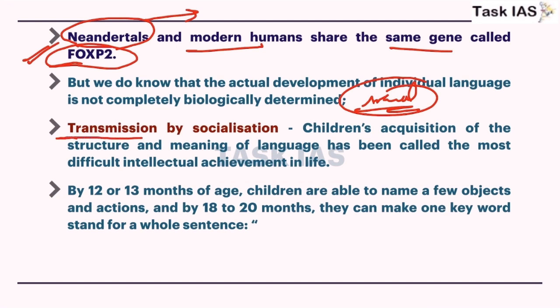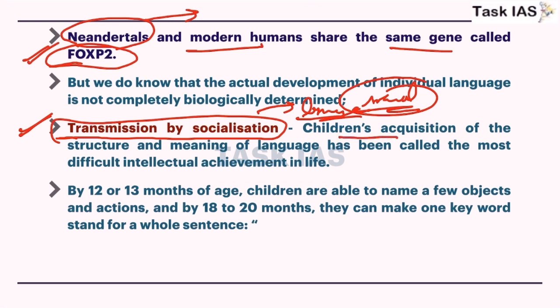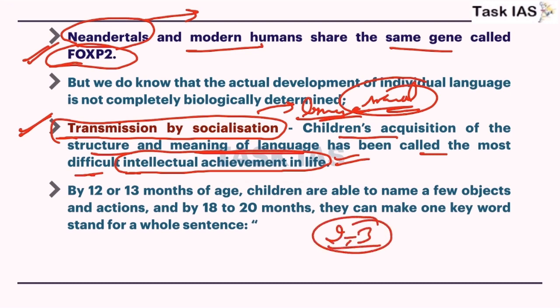Now transmission by socialization, and this socialization has important role in transmission of language. Children's acquisition of structure and meaning of language has been called the most difficult intellectual achievement in life, because at age of 2 or 3, a child is able to understand what elders are speaking.